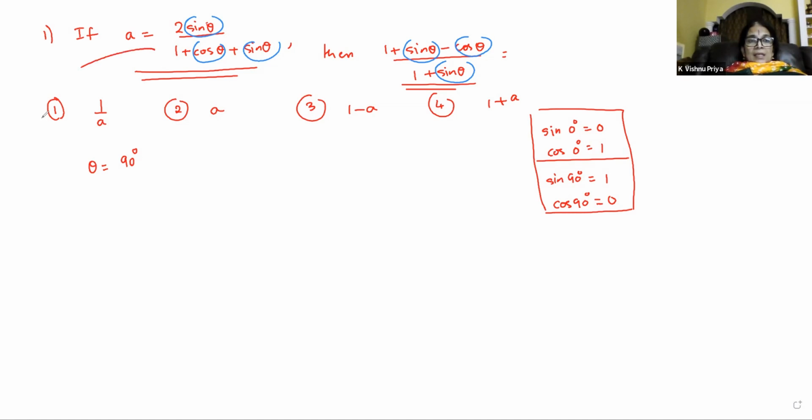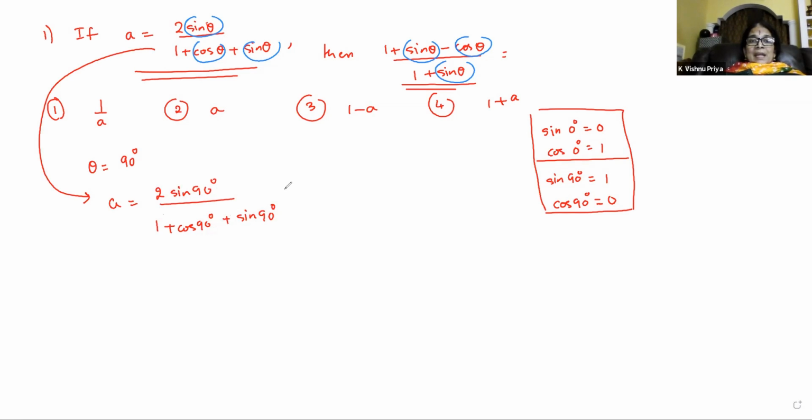Okay, so in the given information, A is equal to, I will put 2 sine 90 degrees by 1 plus cos 90 degrees plus sine 90 degrees. When you are doing this problem in exam, you need not write the steps.